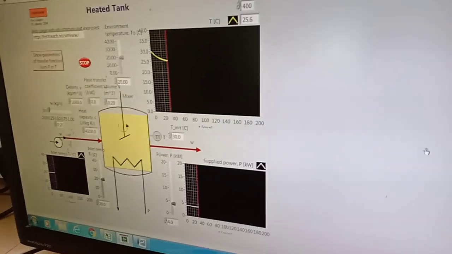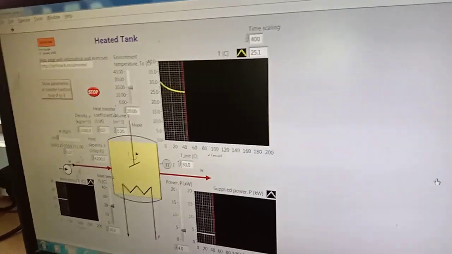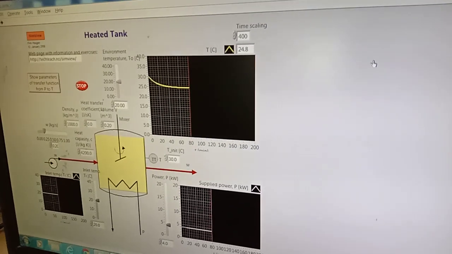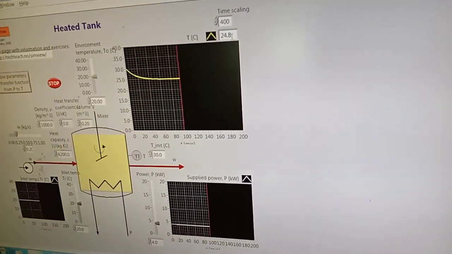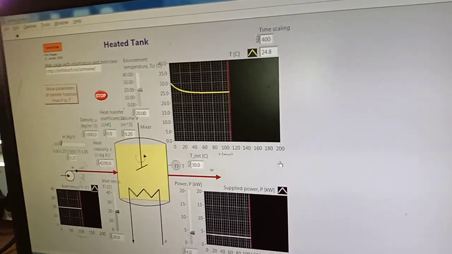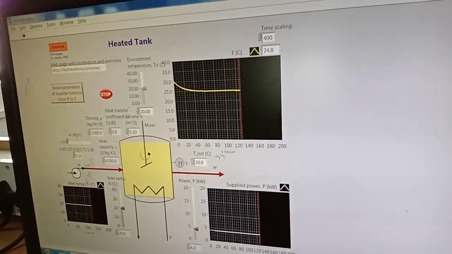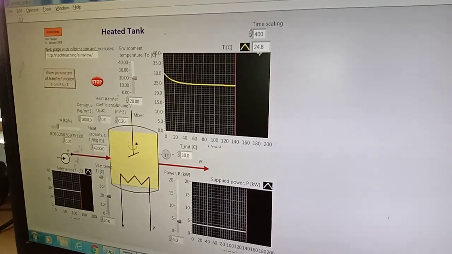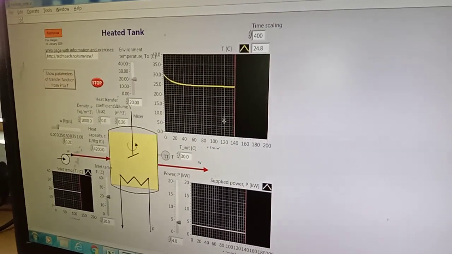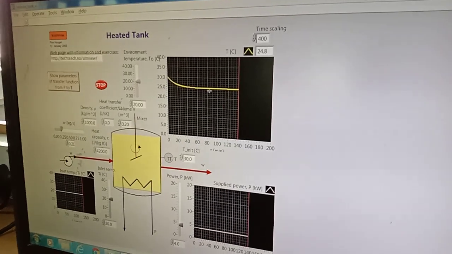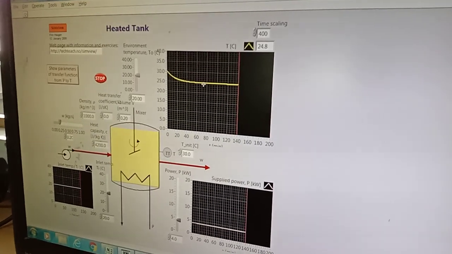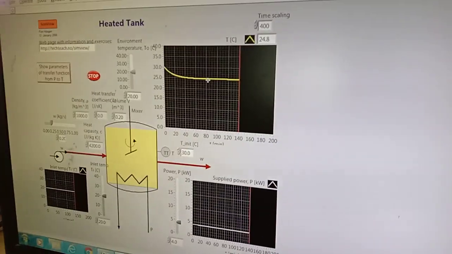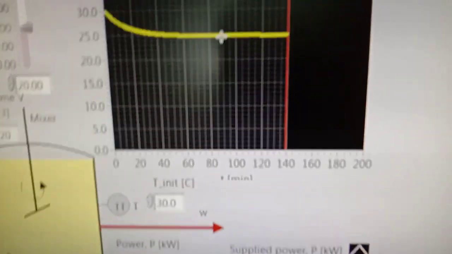See now what is happening, at what point, till what temperature it is going to hit. You can observe that it is coming around 24.8 degrees Celsius, and I am getting this 24.8 degrees Celsius from around 80 minutes onwards.